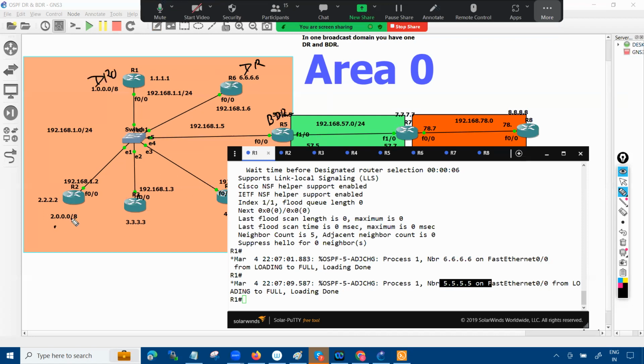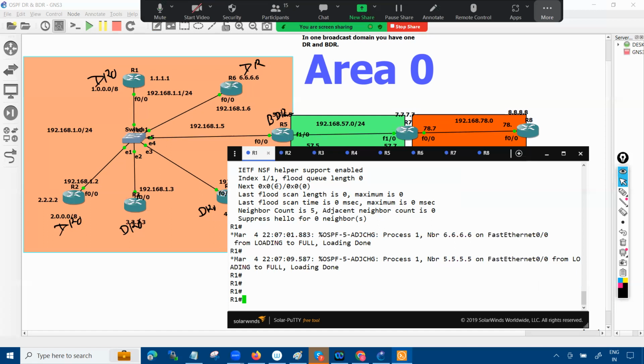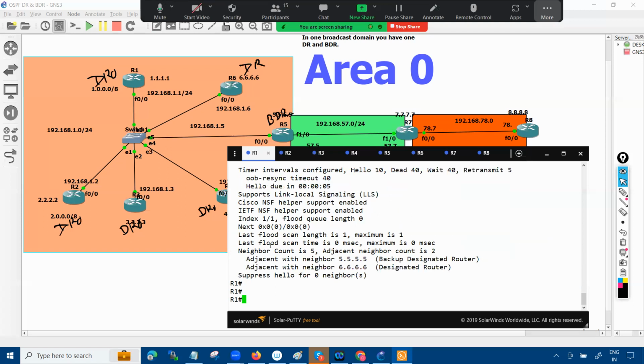So DROthers only form full adjacency with the DR and BDR. On router number 1, you will have almost all six neighborships, but only two adjacencies. Not six neighbors, of course five, my bad, I counted myself.